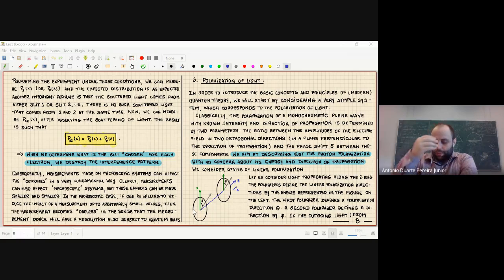Moreover, I have to be very careful with the fact that when I send a beam of photons, I take photons as being identical particles. If you think classically and you're sending identical particles against a target, then what happens with one of them is what is going to happen with all of them.